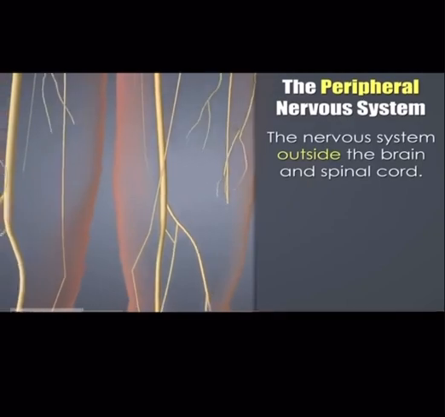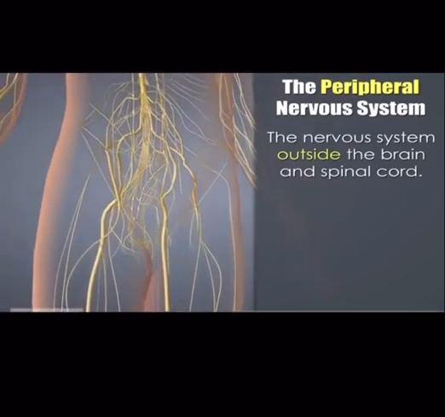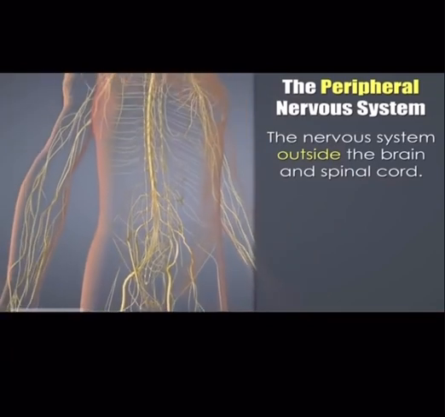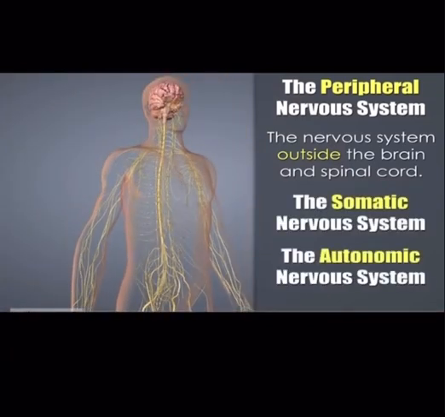Now we know the brain and spinal cord primarily make up the central nervous system, and we can look at the nervous system outside of the brain and spinal cord, which connects together through thousands of connections in the body via the somatic and autonomic systems.